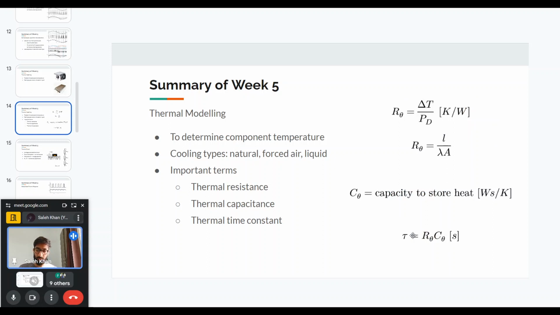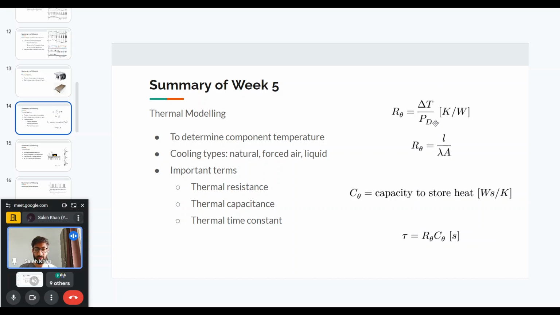So for thermal modeling, we have to know some important terms. The first is the thermal resistance. This is basically the ratio of the temperature difference divided by the power loss, or the heat that goes through a device, a component.